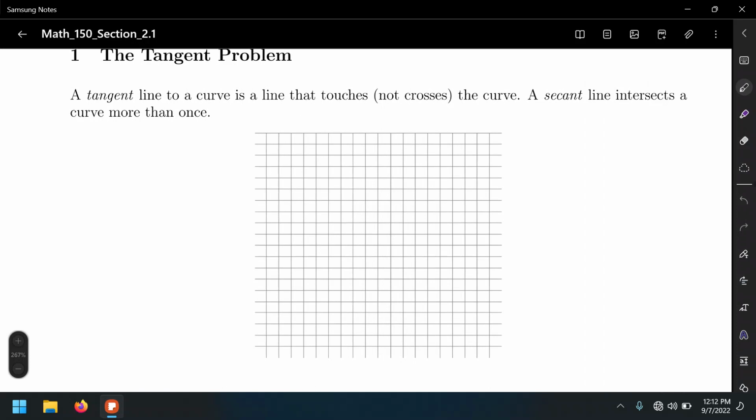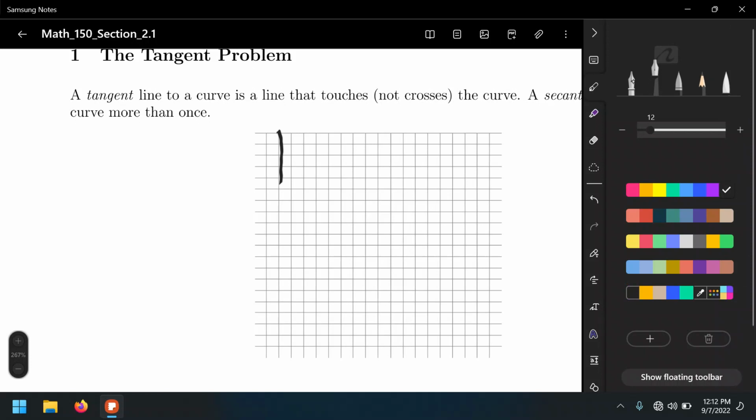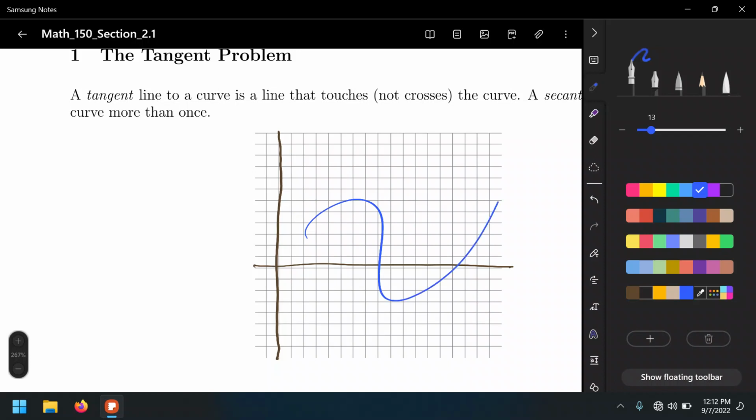Consider the following graph. Okay, so we can consider this graph of some function, any random function. In this case, there's a couple of things that we can do. Number one, let's trace a secant line. Recall that a secant line is a line that crosses a function, or a graph, at 2 points.